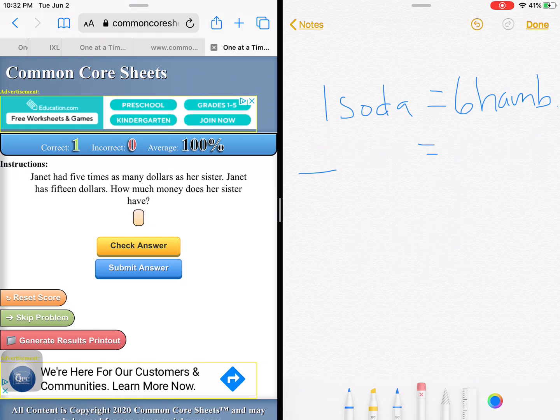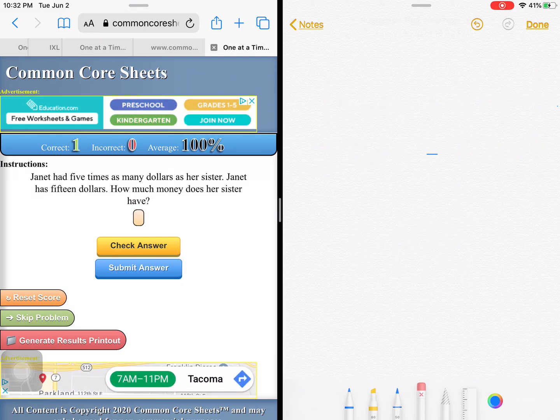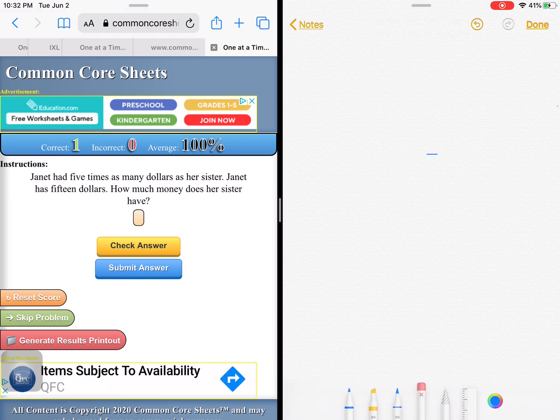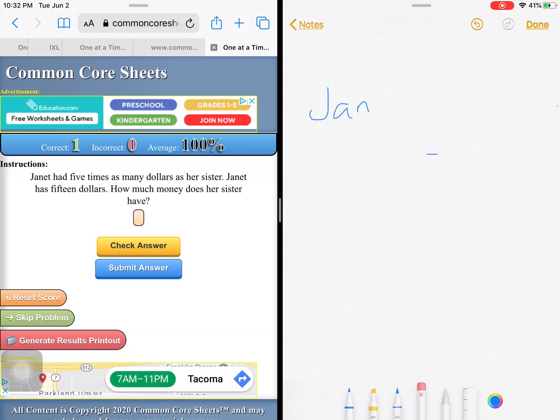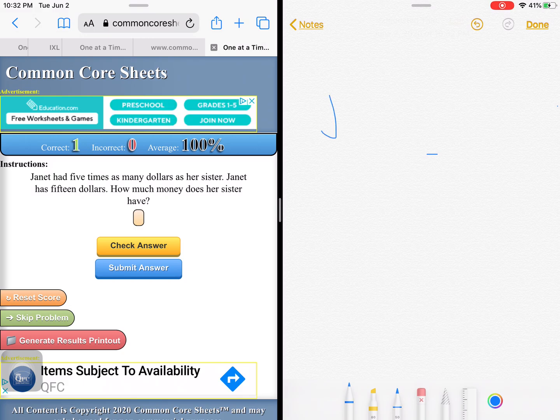Now I have a new one. It says Janet had 5 times as many dollars as her sister. Janet had $15. How much does her sister have? So I know that Janet, I can just put a J, has 5 times her sister, that's S. Janet has $15.